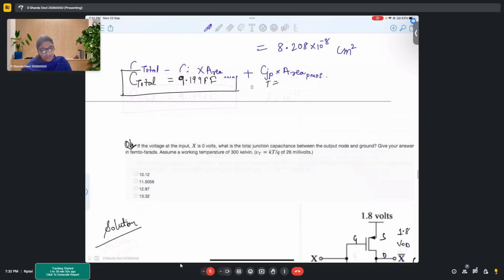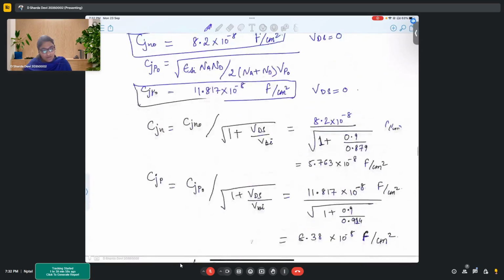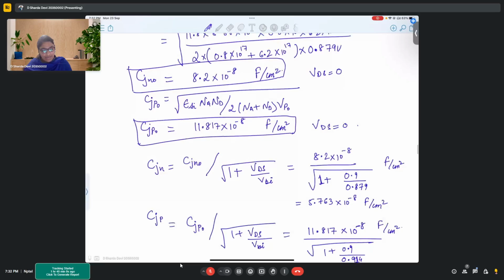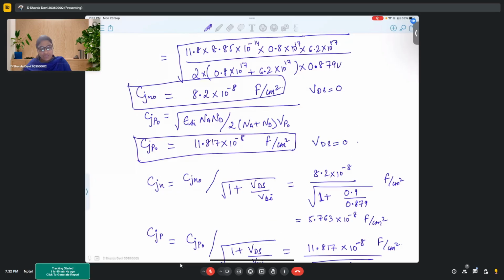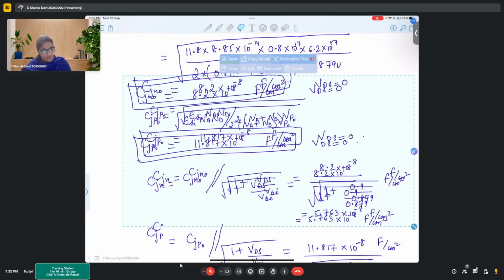So what we need to do here is, we have found out Jn naught, right? So Jn naught will remain same. Jn naught will not change. The only thing that changes is the bias voltage.